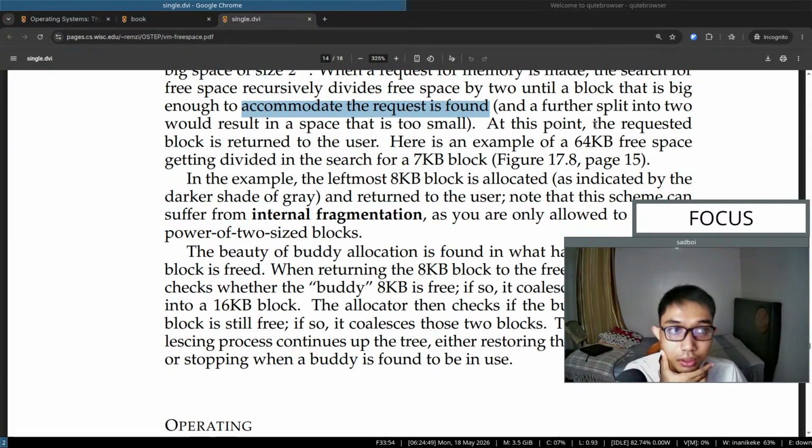At this point, the requested block is returned to the user. Here is an example of a 64 kilobyte free space getting divided in the search for a 7 kilobyte block, figure 17.8 on page 15.